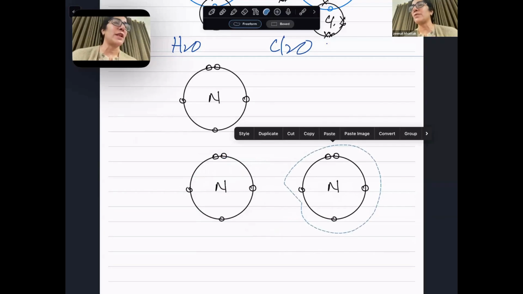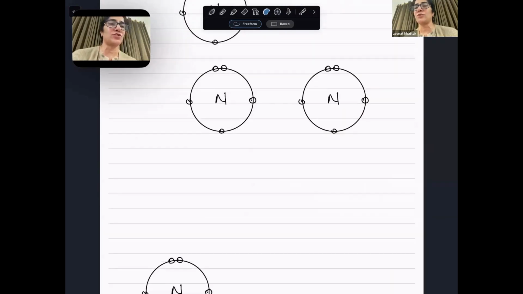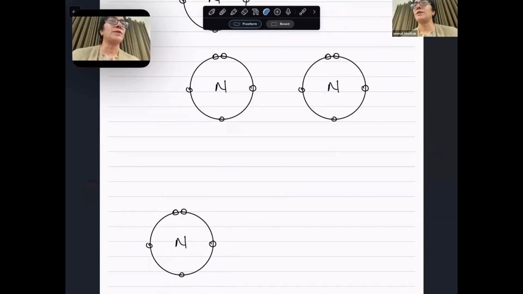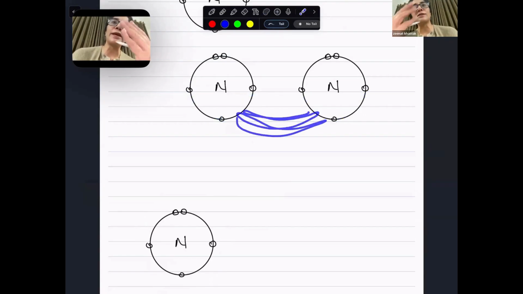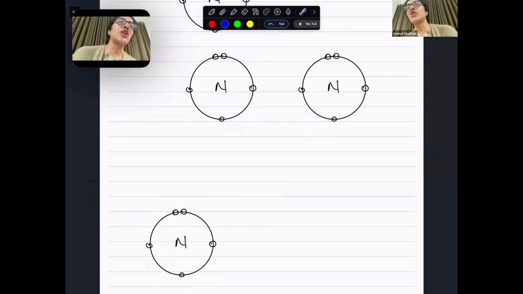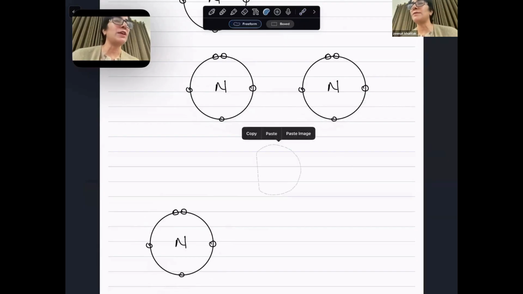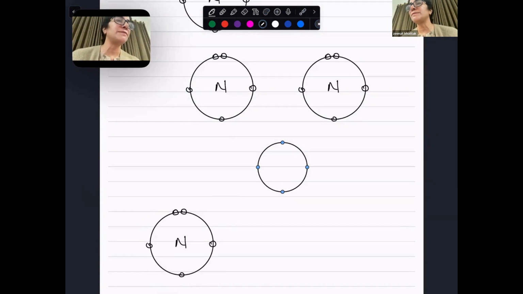If this nitrogen needs 3, this also needs 3. How can they help each other? By making a triple covalent bond. They will share 3 with each other. How? See, this is one nitrogen.